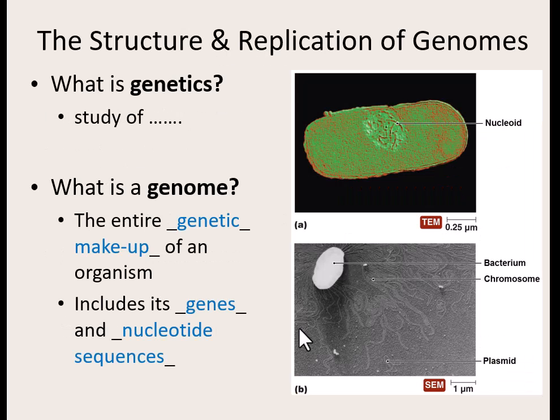So just a little bit about first, what are we talking about when we're talking about genetics? Genetics is the study of inheritable traits, as expressed by the genetic code.